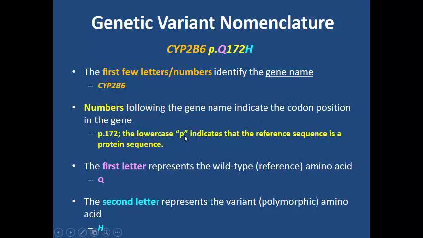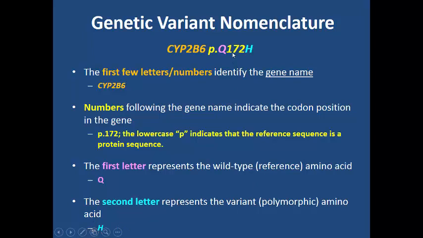Well, the lowercase p indicates that the reference sequence being presented to me is a protein sequence, and we know that protein is presented in the form of amino acids, and therefore we have to think about the codon number of that amino acid. The first letter represents the wild type or reference amino acid, Q, which is glutamine. The second letter, H, represents the variant amino acid, which is histidine.